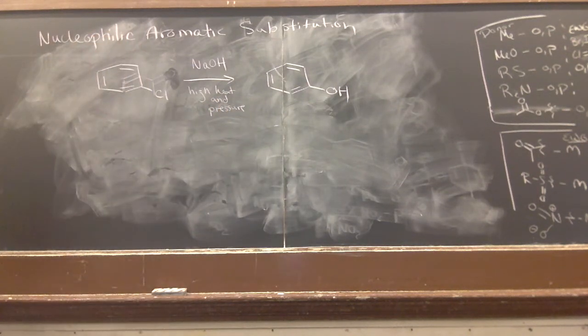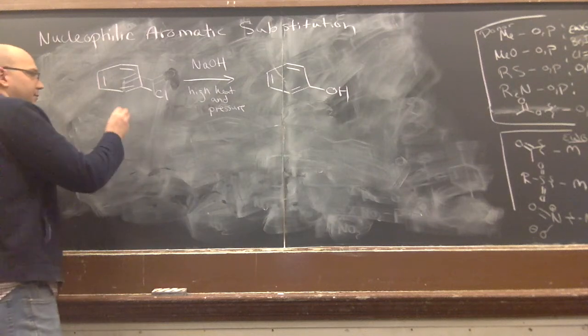Okay, you can actually get this to go, but it goes through a completely different mechanism than you might imagine. It's not your standard substitution reaction where the OH goes in and, in fact, eliminates. It's something that might look even more bizarre to you guys, and that's that it goes through what's called benzyne.